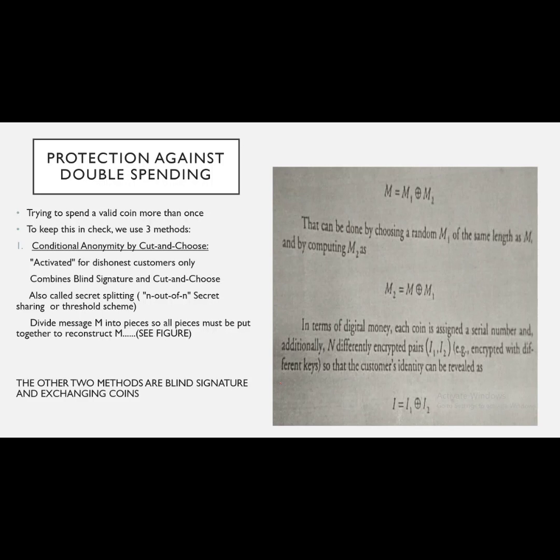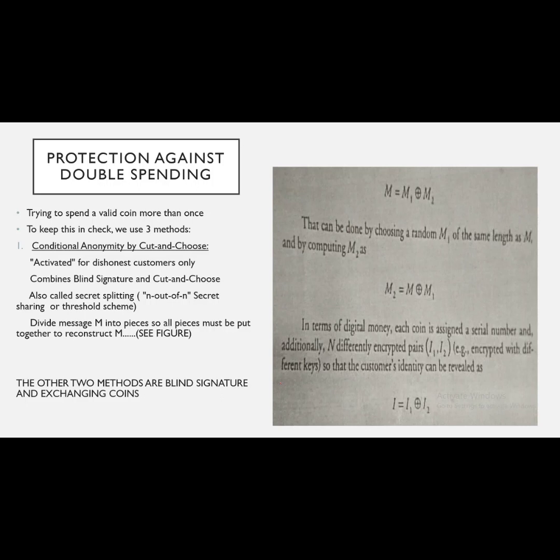What actually happens is, the customer pays the merchant with a coin, and the merchant requires him to decrypt either I1 or I2 from the message.